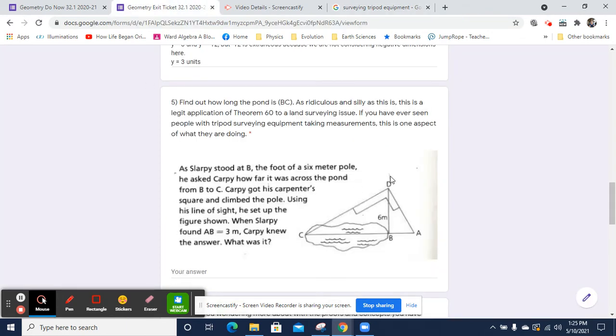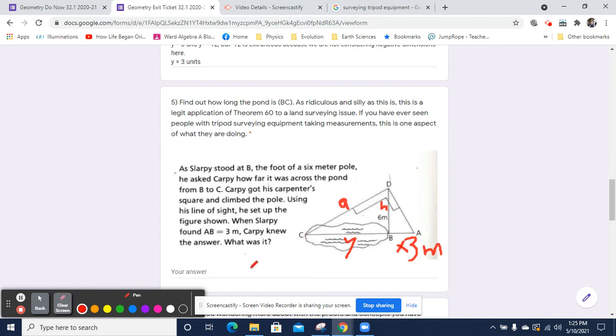We got a measurement from here to here, and we've got a measurement from here to here, which is reported to be 3 meters. So this is our h, and it doesn't matter which is x or y. I guess I'll call this y and this x, because this will be a, since it's opposite that.